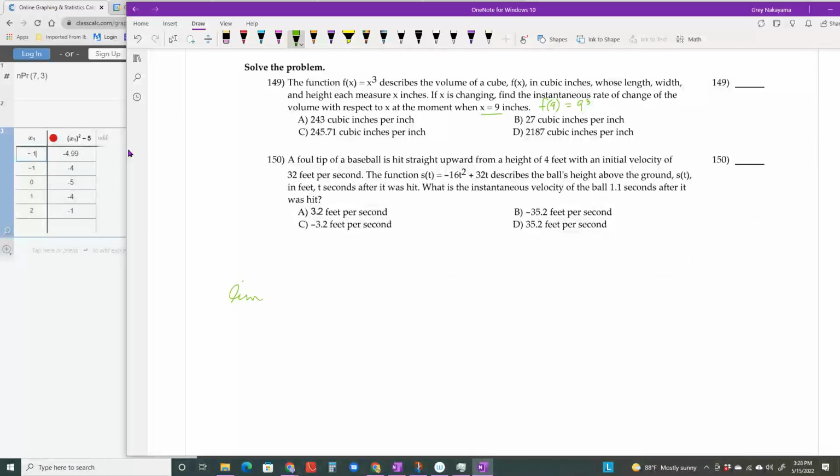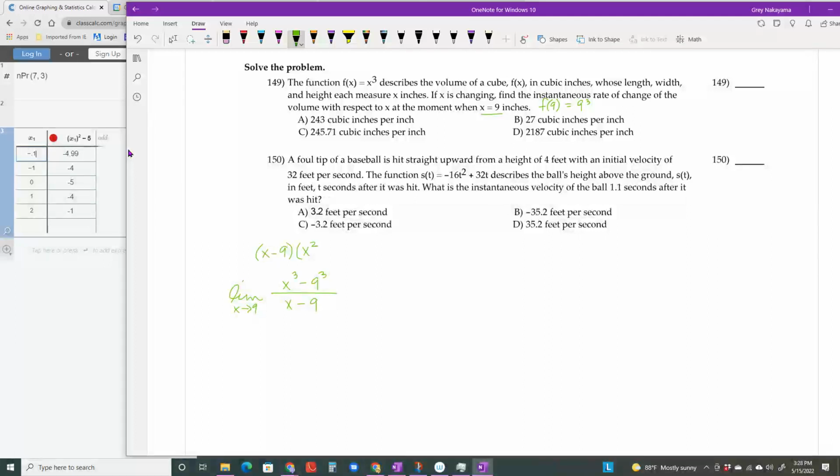I'm going to come down here so I don't have to squinch it all in there. So I've got the limit as x approaches 9 of x to the third minus 9 to the third, over x minus 9. I did purposely write it like that because x cubed minus 9 cubed factors into x minus 9 times a quadratic.